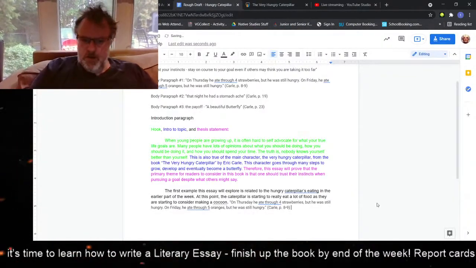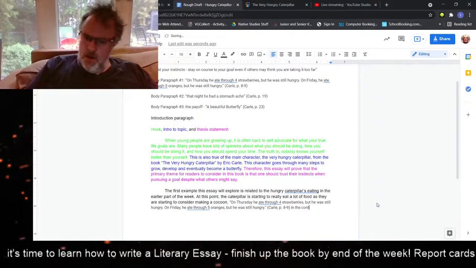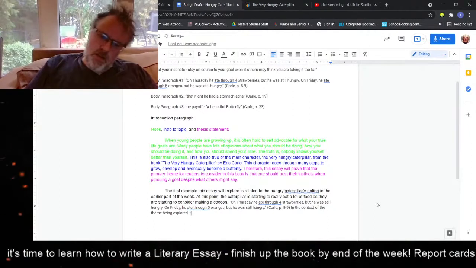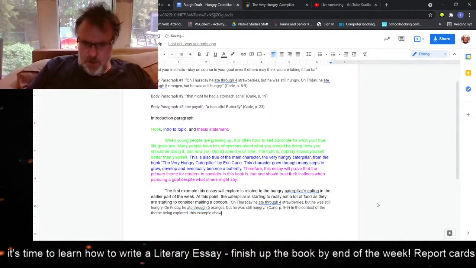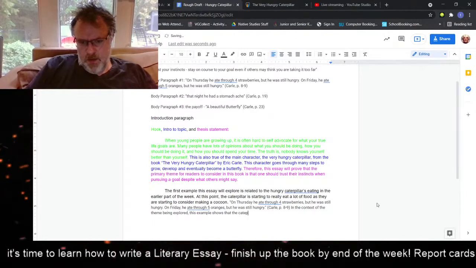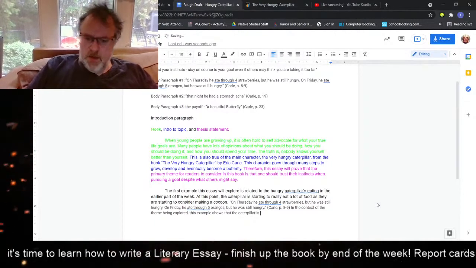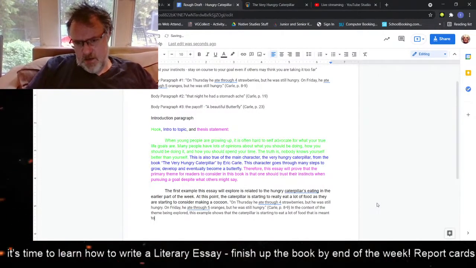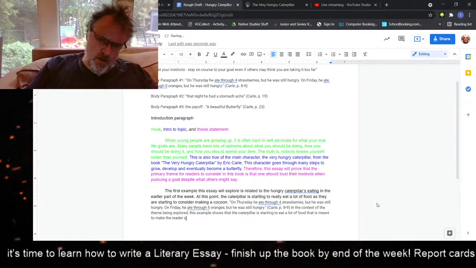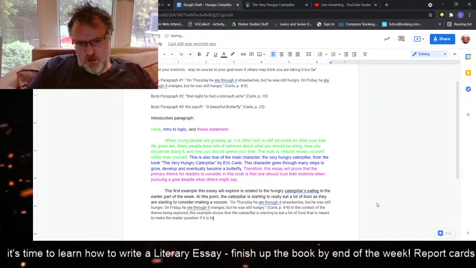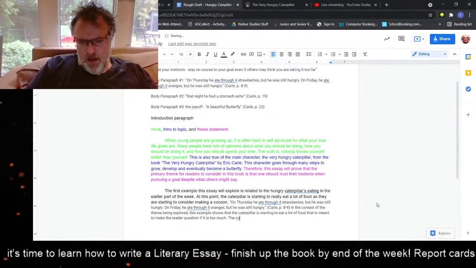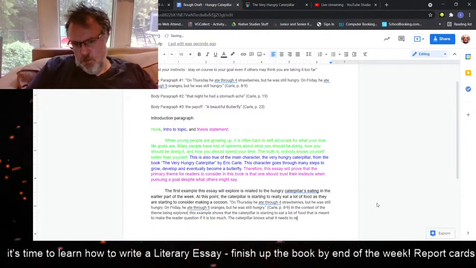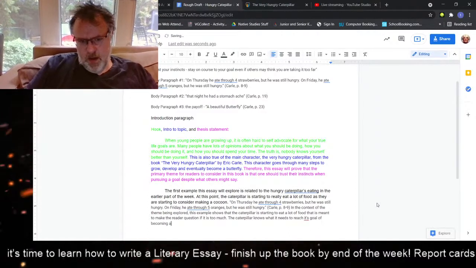In the context of the theme being explored, this example shows that the caterpillar is starting to eat a lot of food that is meant to make the reader question if it is too much. The caterpillar knows what it needs to reach its goal of becoming a butterfly.